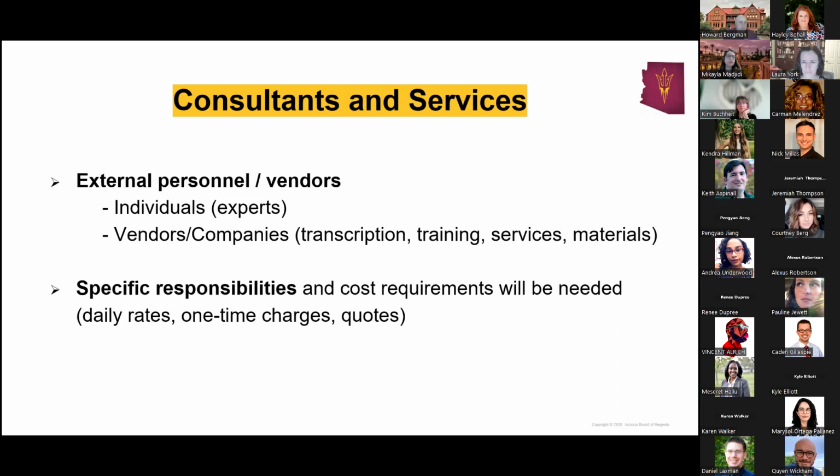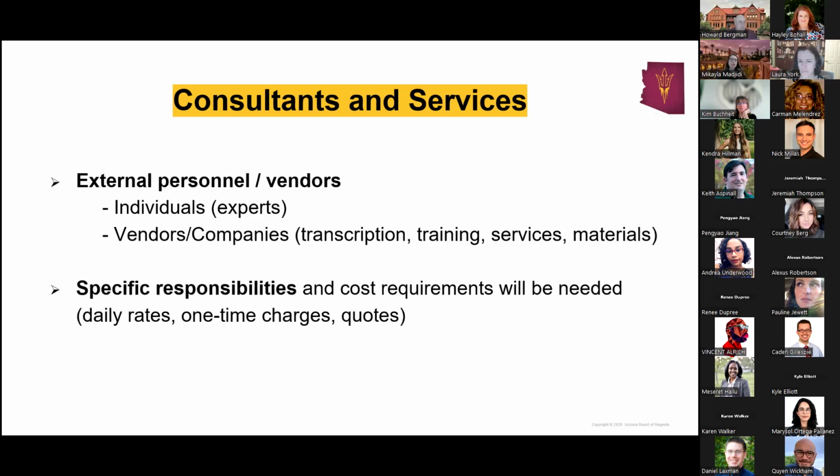Detailed responsibilities and cost requirements will need to be included in the budget justification, such as daily rates for the consultants or one-time charges or quotes. Things you may need to consider when budgeting consultant fees might be: what is their experience and credentials? Have they done this type of work in the past?